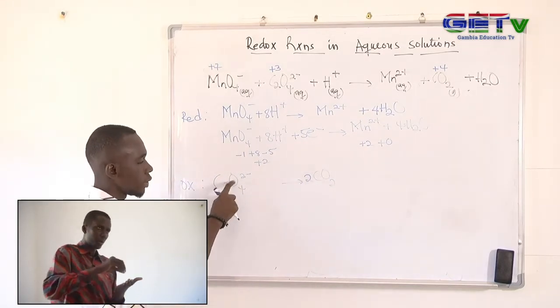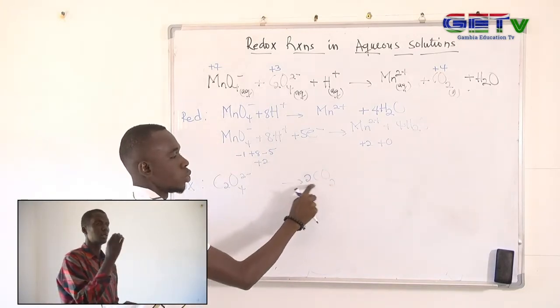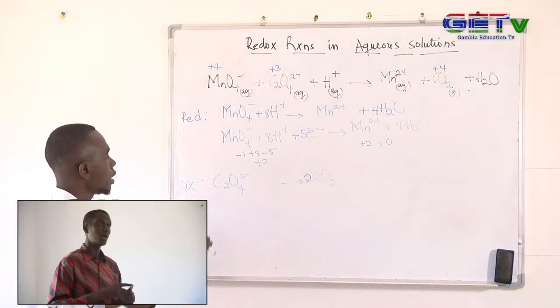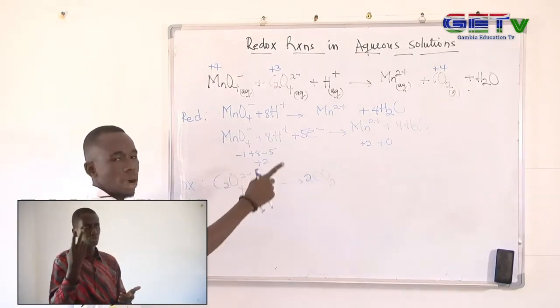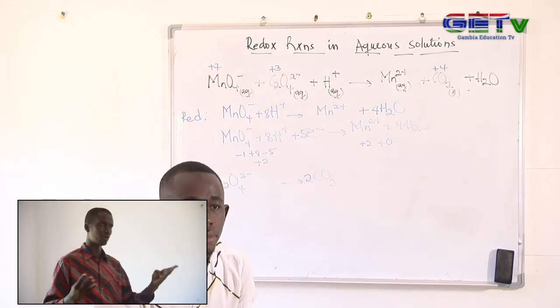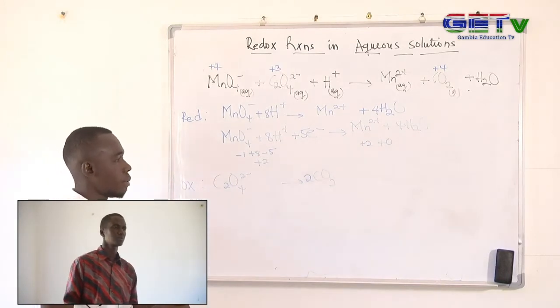Oxygen here is what? 4. And oxygen here is 2 times 2, which is going to be 4. Which means in this case, the atoms also are balanced.